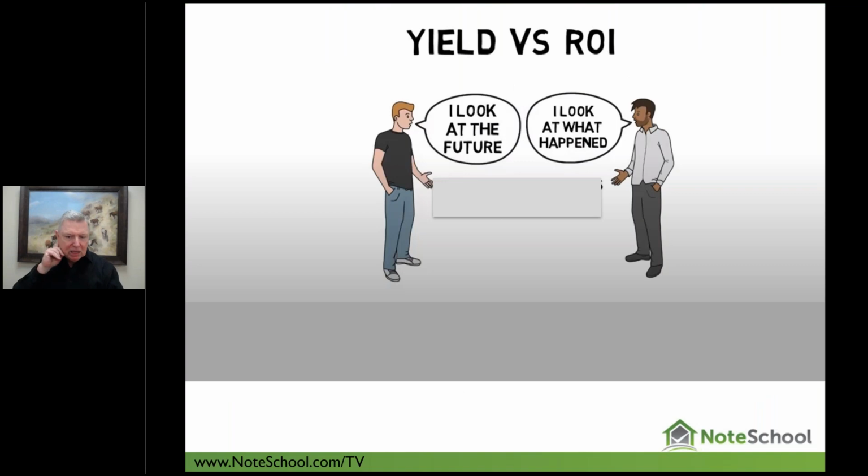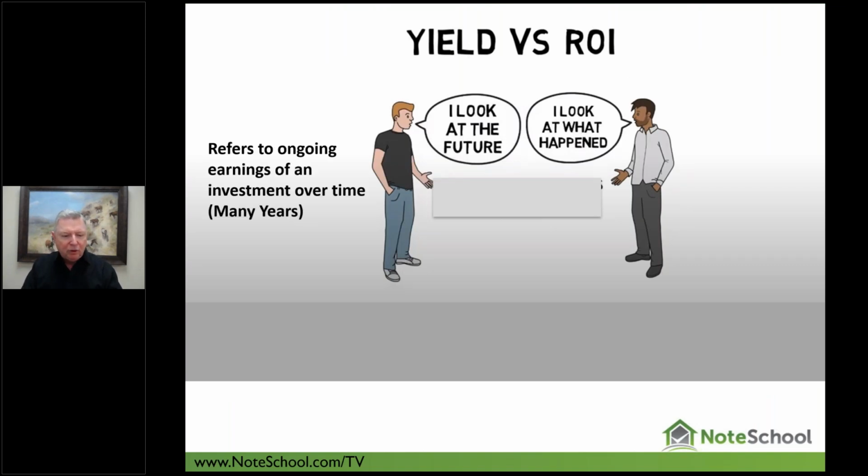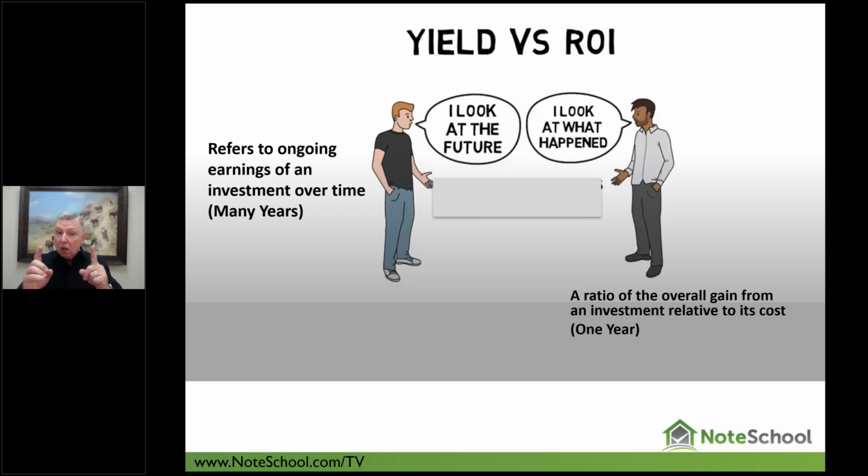Okay. So yield versus ROI. Once again, yield refers to ongoing earnings of investment over time, and I say many years. And of course, ROI is the ratio of overall gain from an investment relative to its cost, over a 1-year period.